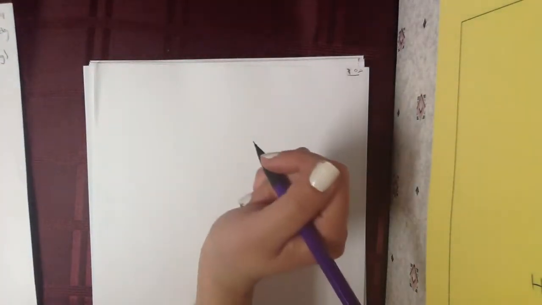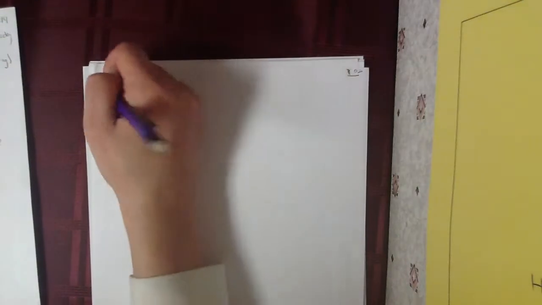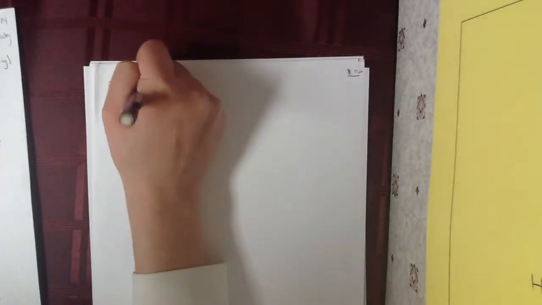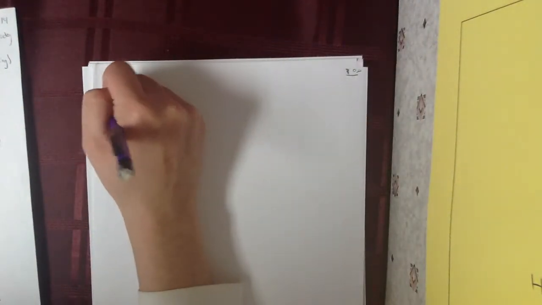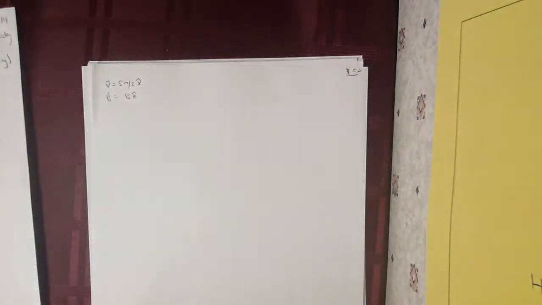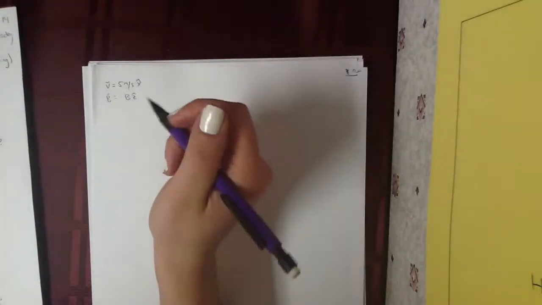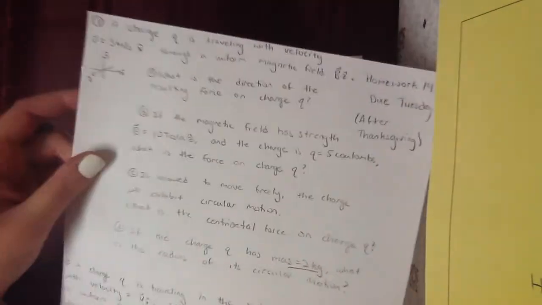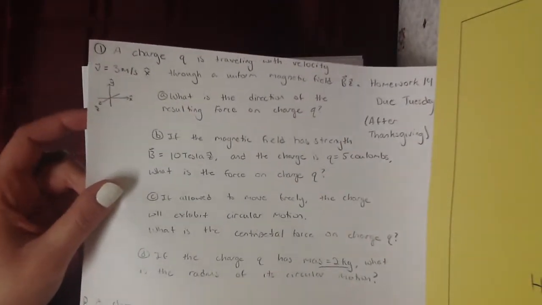I'm actually going to change the numbers just for convention. So we'll make it V equals 5 meters per second x hat, and we'll have B equal to B z. Okay, good. So for part A, we want to know what is the direction of the resulting force on charge Q.